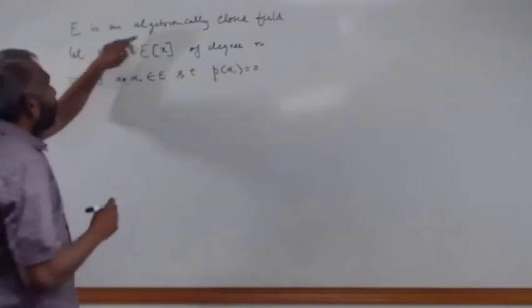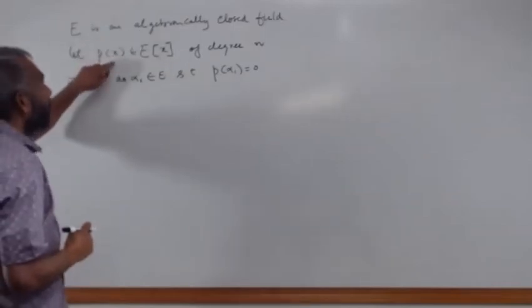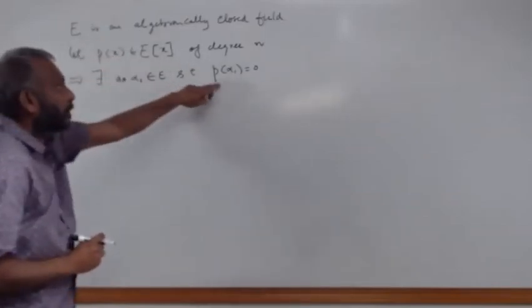And that is the definition of algebraically closed. Because every polynomial has a 0 here.